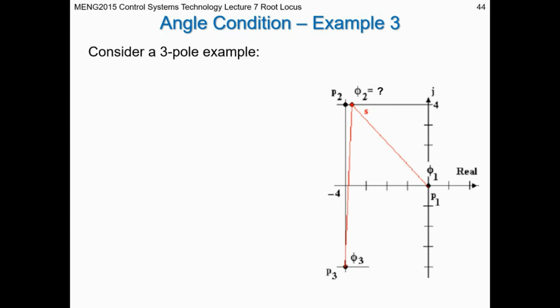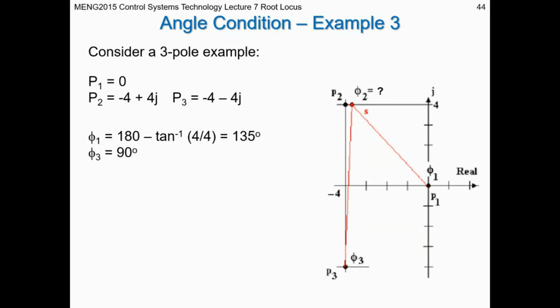All right, so what we're doing is we're saying what's theta 2, or phi 2, the angle of emergence of this locus, this closed loop root, from P2, our second pole. So we could state our pole positions 0, -4 plus or minus 4j, right?